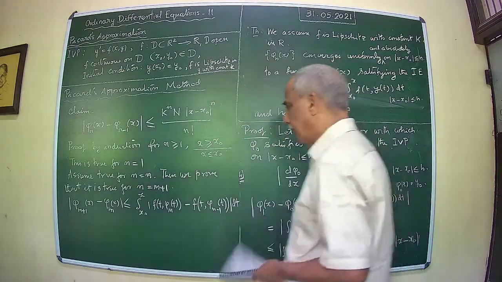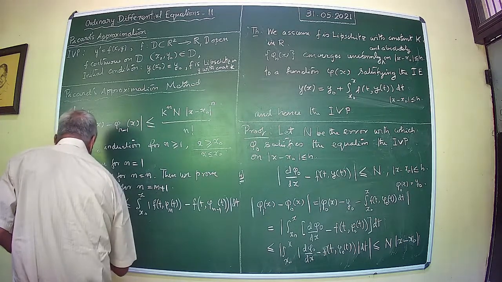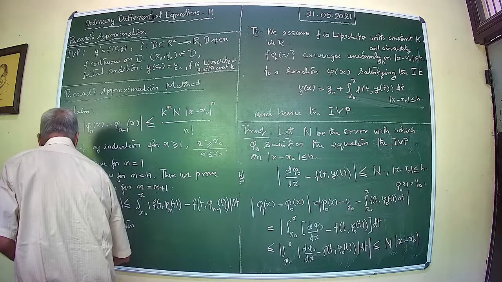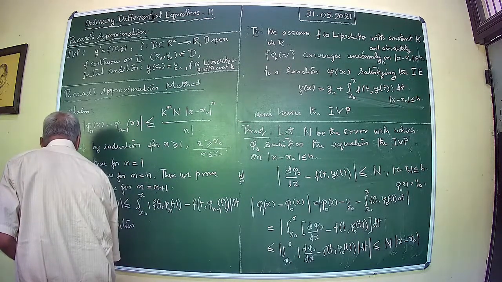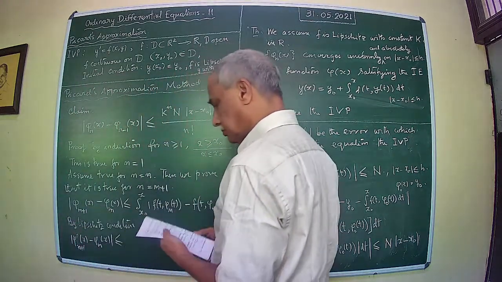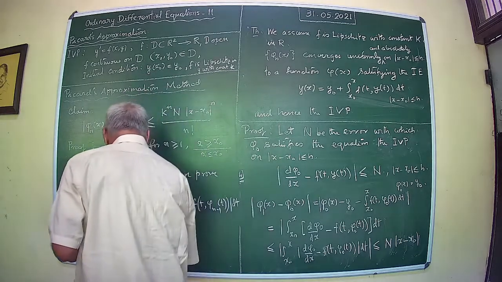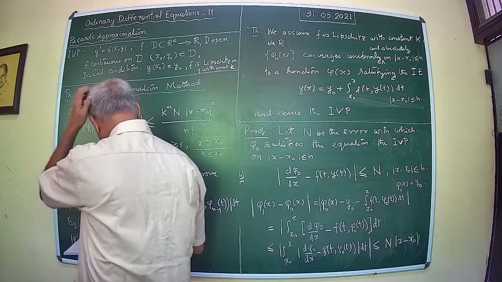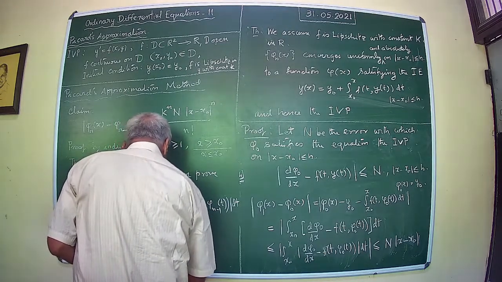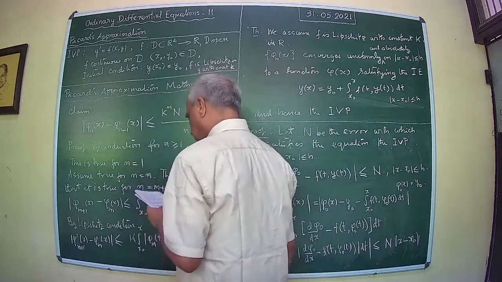Okay. Now by the Lipschitz condition, what you have is that phi is less than or equal to k times the integral dt.